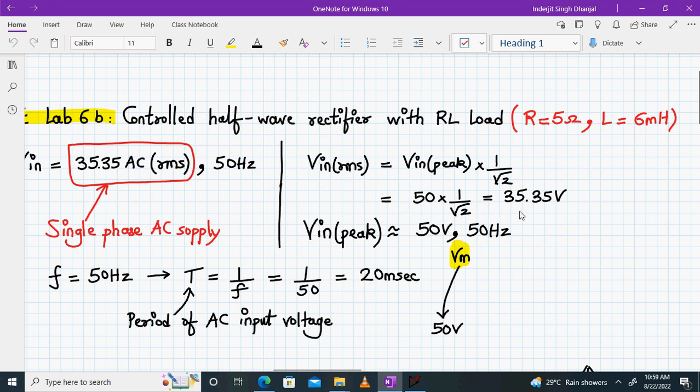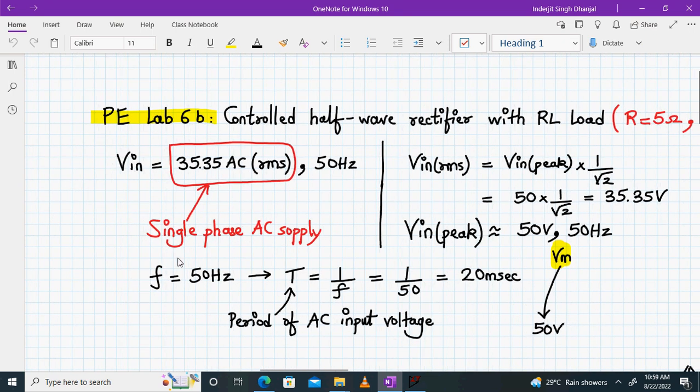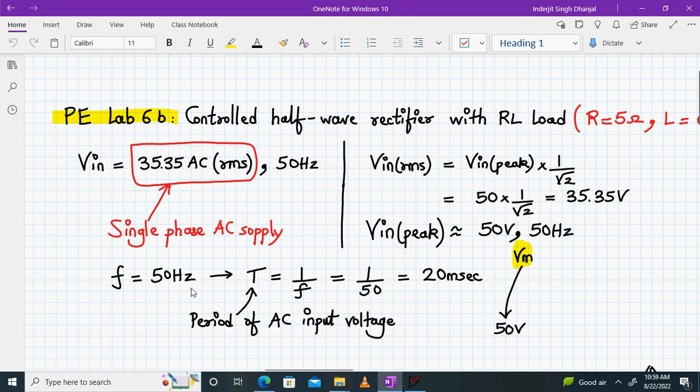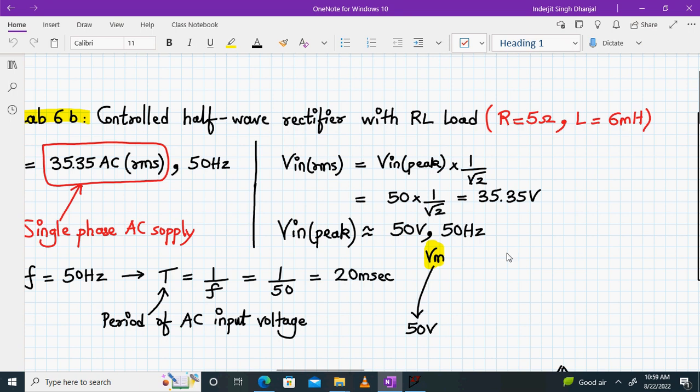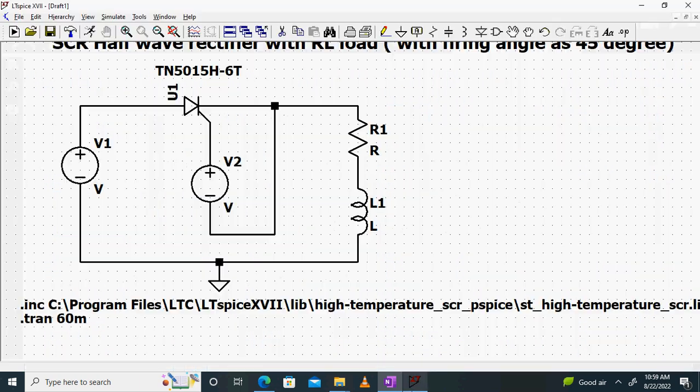So your RMS value will be V in peak upon root 2, that will be around 35.35 AC, right? So we have applied a single phase AC supply of 35.35 volt RMS value. Since the frequency is 50 hertz, the period of the AC input voltage will be around 20 milliseconds, right? So let's plug in these values and let us continue with the simulation.